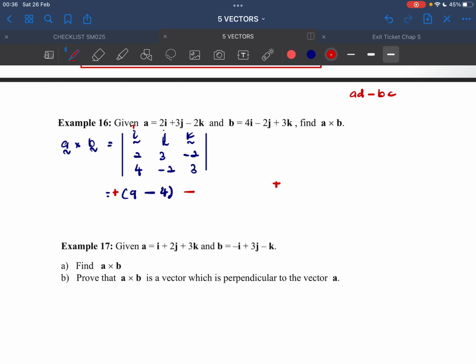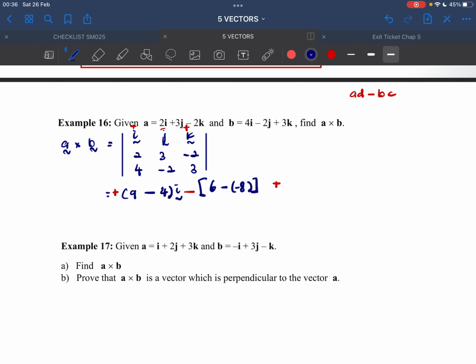Plus minus plus. So here is your I, because you close your I here. Now we are going to close the J column here. We take the same thing, AD minus BC. So AD is 6, BC is minus 8. So 6 minus negative 8, so there we have plus 8. Make sure you are careful here.